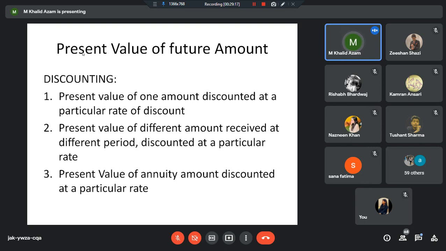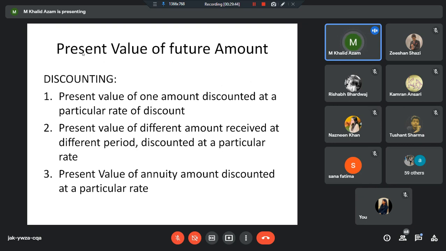You are going to get return over a 5 year or 10 year period, or till the life of this machine, whatever determined life you are considering. The machine is going to generate revenue and cash inflow for you, but not one time, it is over a period of time. But your investment has been made today.